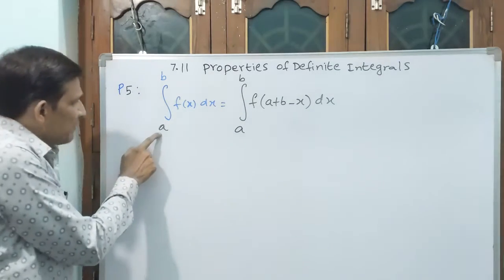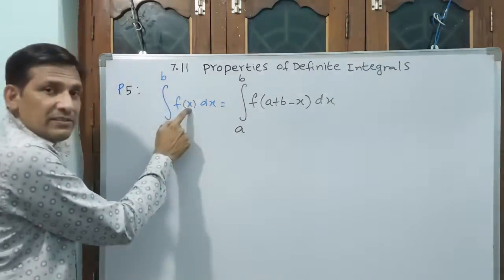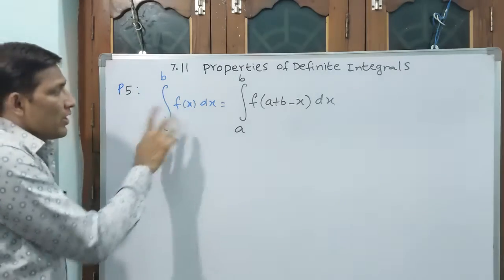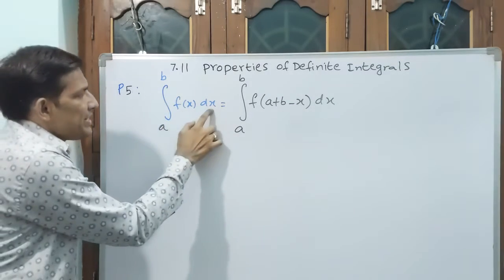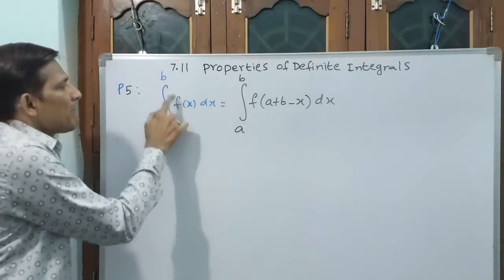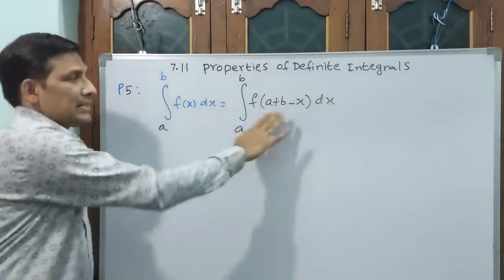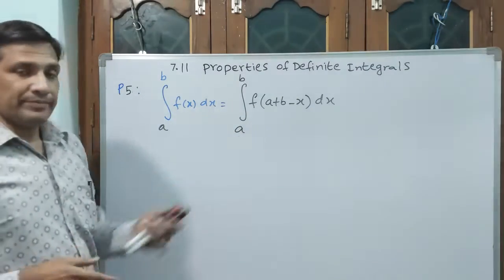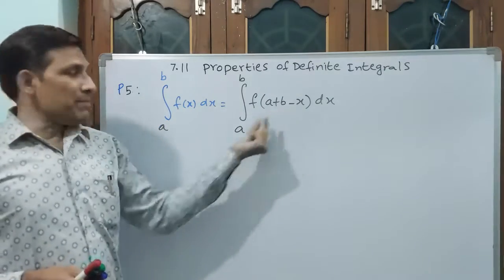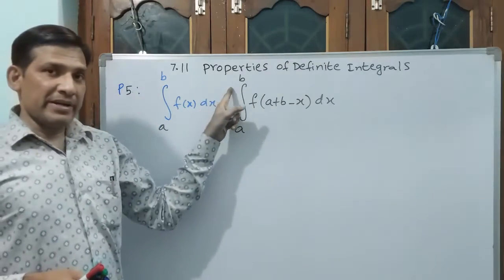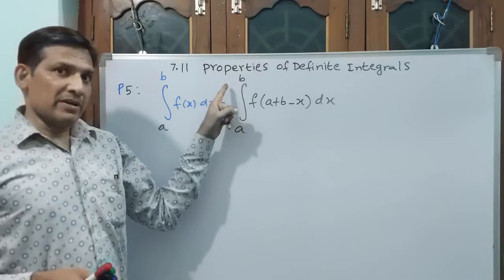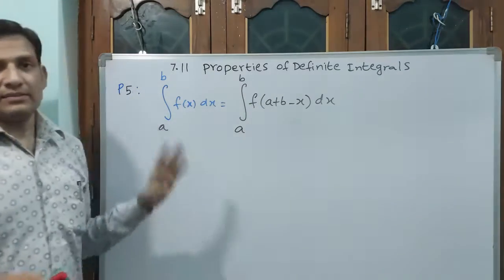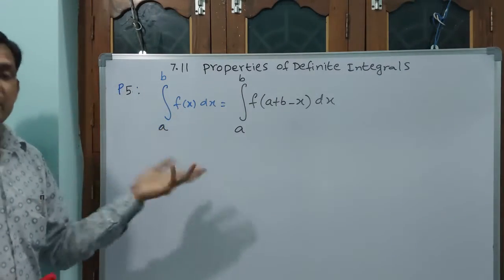You see, lower limit plus upper limit minus this x. If it is f of t dt, then a plus b minus t. Like that it will come. If it is not x, then t means t.